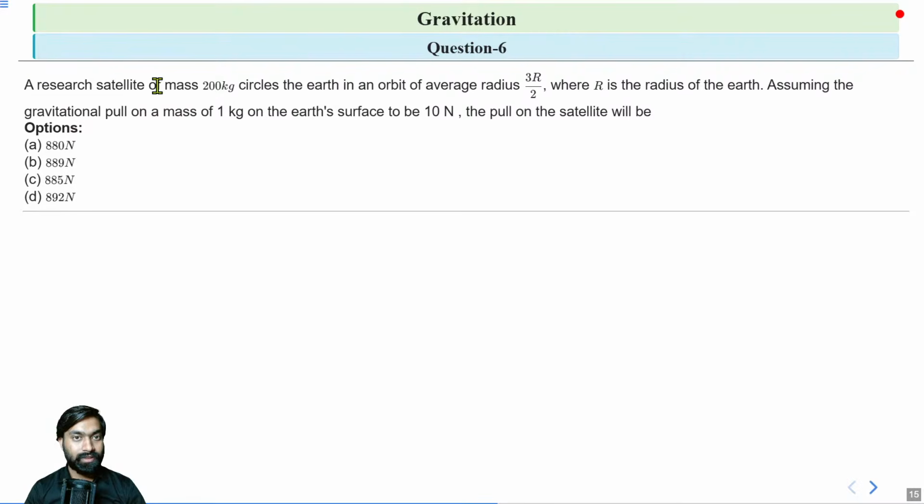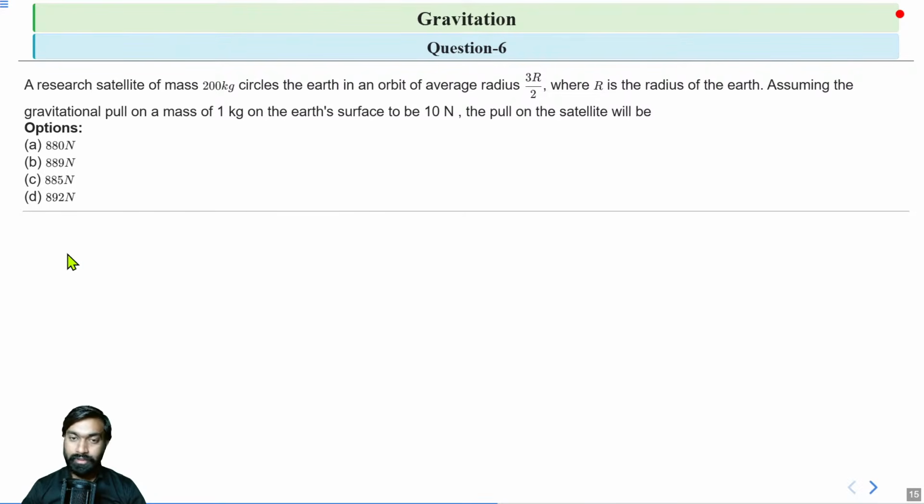A research satellite of mass 200 kilogram circles the earth in an orbit of average radius 3R divided by 2, where capital R is the radius of the earth. Assuming the gravitational pull on a mass of 1 kilogram on the earth's surface to be 10 Newton, the pull on the satellite will be what? Given options: option A 880 Newton, option B 889 Newton, option C 885 Newton and option D 892 Newton.